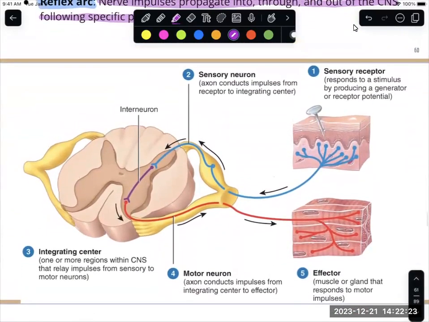So here is an example of stepping on a nail. That sensory information, you just stepped on a nail, goes into that spinal cord. This interneuron here is going to process that, and it's going to send information back out, telling you to move your foot, pick your foot back up. That hurt.